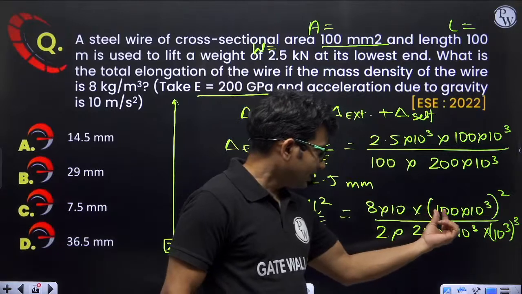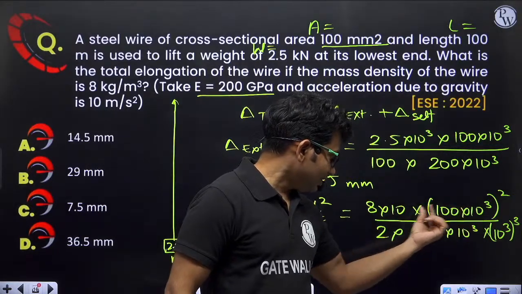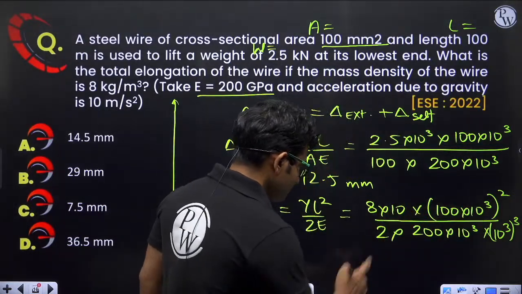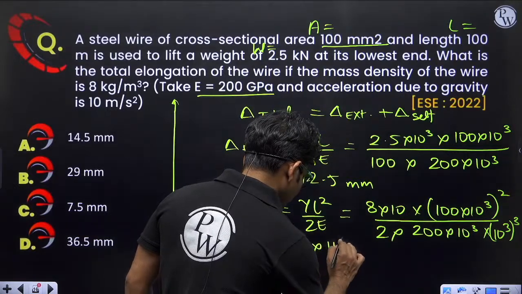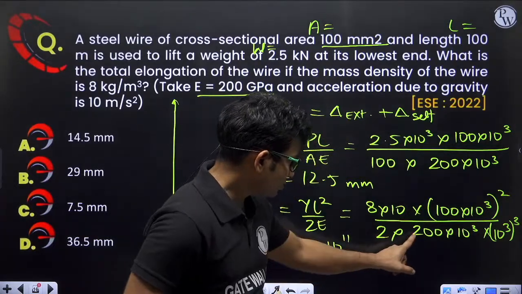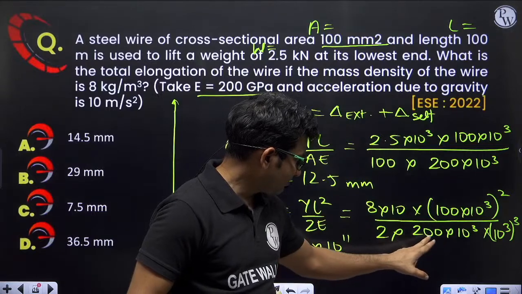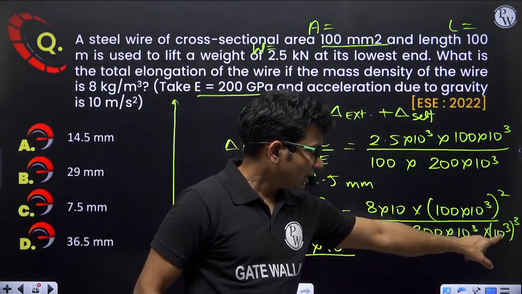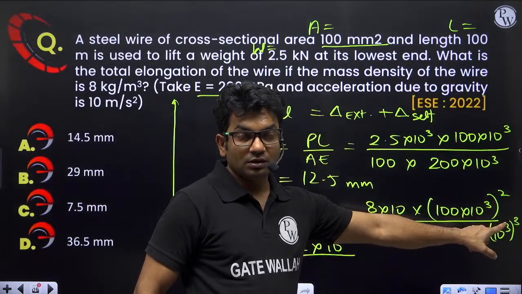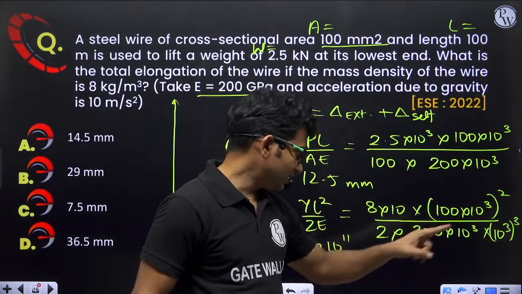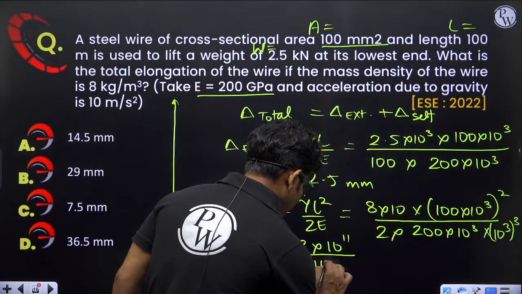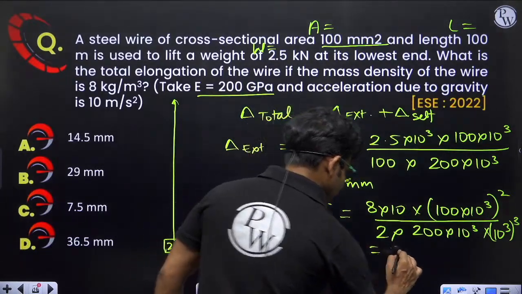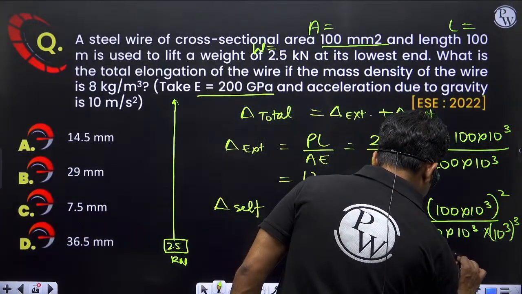So here at the top we are getting 11 zeros. So 2 into 10 to the power 11 here. And here we are getting 10 to the power 14. So it will be 2 into 10 to the power minus 3 mm.